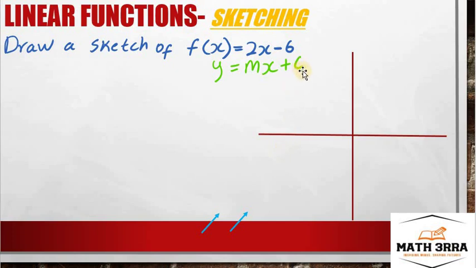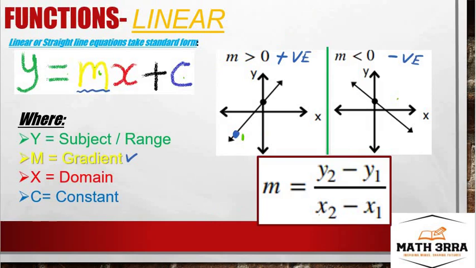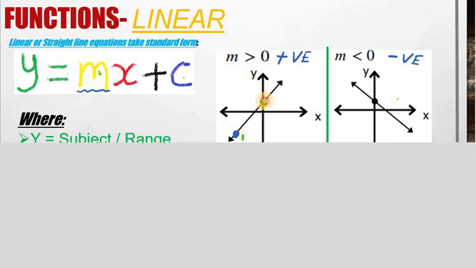And then there's also the part of the c. With regards to the c, I need to remind you of something very important that I introduced very early on. I said that this c, this constant of ours, denotes the point where the graph cuts the y-axis.